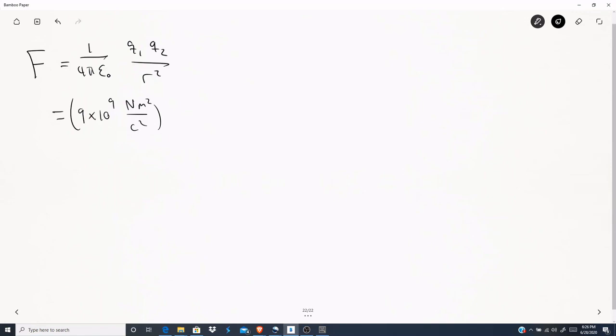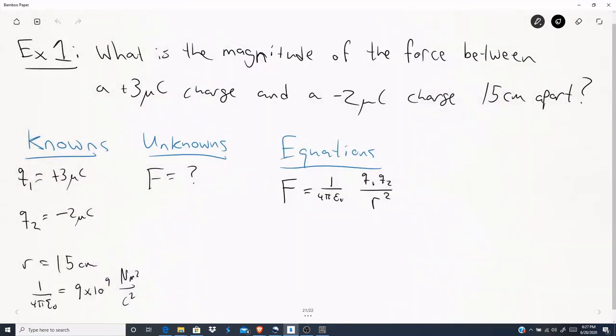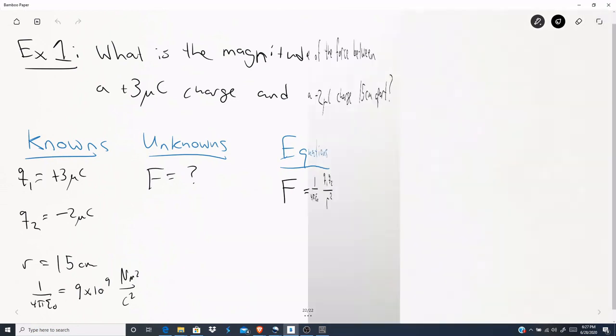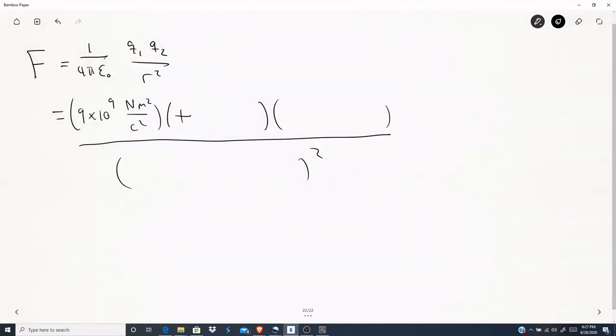Then we're going to have the two charges, and we're going to have the distance between them squared. So let's review. What were the two charges? Positive 3 microcoulombs and negative 2 microcoulombs. The distance was 15 centimeters, so I'll put 15 cm.